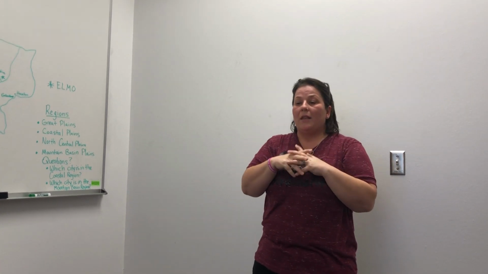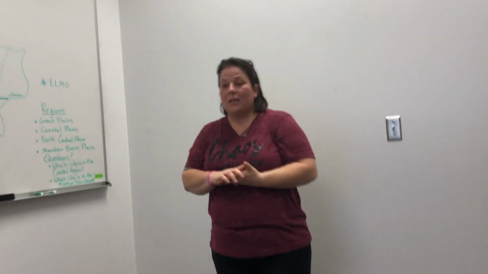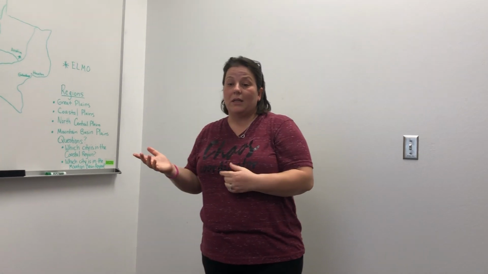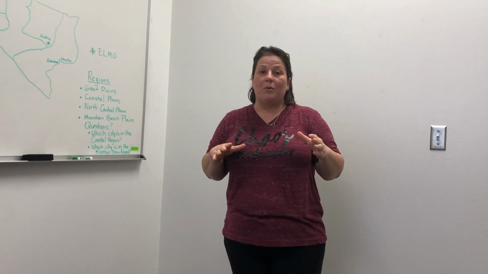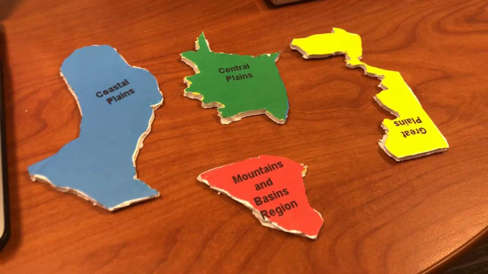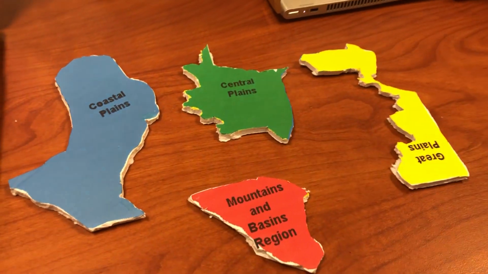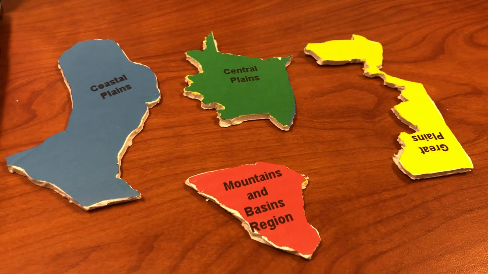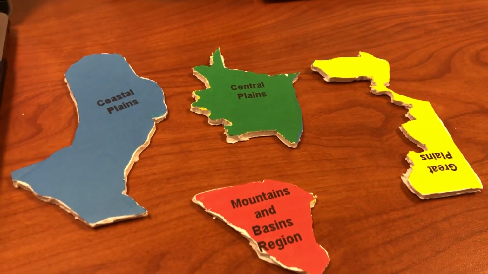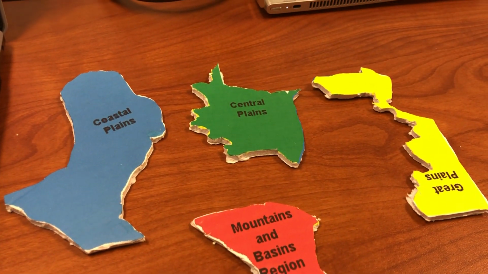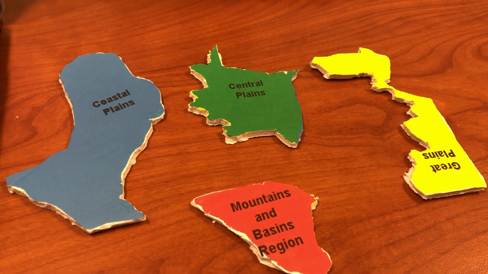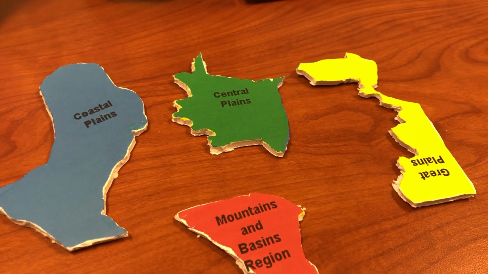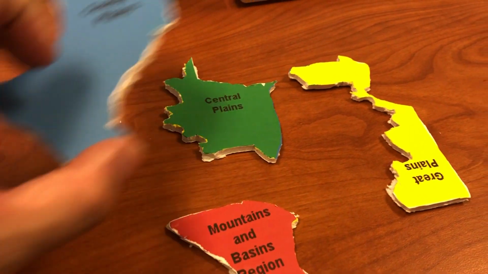Okay, so the next activity that we're going to be doing is there's a puzzle in the center of your table. It has the map of Texas, and you're going to, as a group, put the puzzle together. You're going to have about 2 minutes as a group to put the puzzle together, and think about how the pieces fit together to form the shape of Texas.